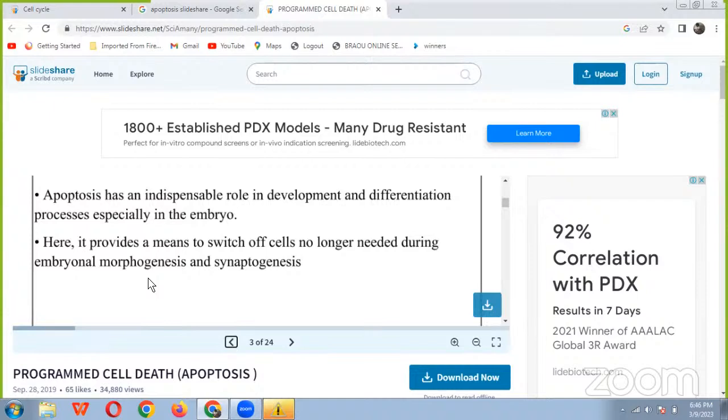Okay, programmed cell death. It can cause tissues to overgrow or shrink.